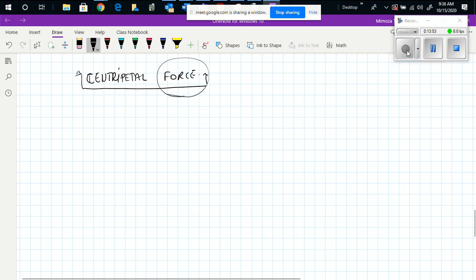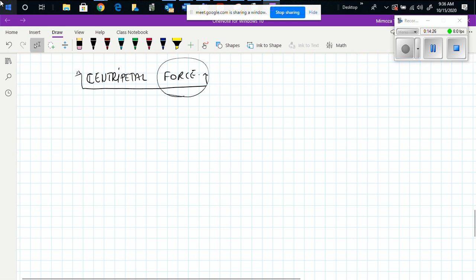We will talk about the sources of centripetal force, but now let's clear the misconception regarding centripetal force. Centripetal force is not a force on its own, but it is stealing the identity of the net force when the object is moving in a uniform circular motion.